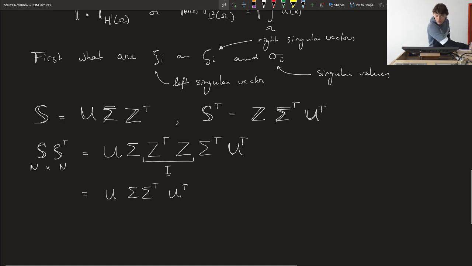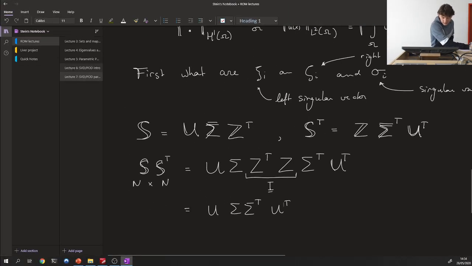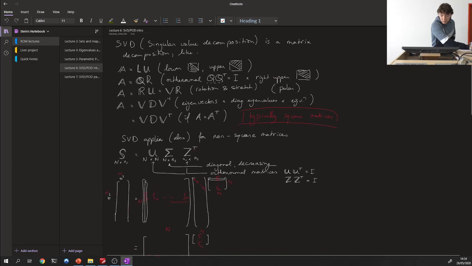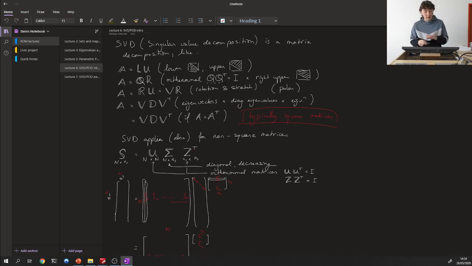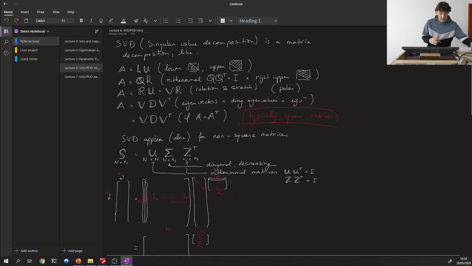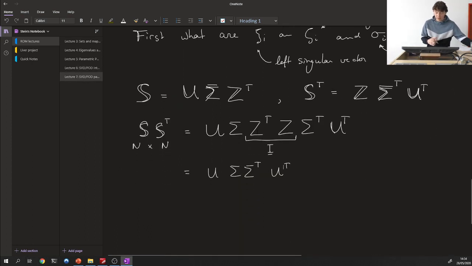Let me see if I can quickly put that up. Because when we talked about different cases of matrix decomposition, we saw, well, the last one is right now the one of importance, that for symmetric matrices, we can decompose using the spectral decomposition as an orthonormal matrix V of eigenvectors, then a diagonal matrix D of eigenvalues, and the orthonormal matrix of eigenvectors transpose. And that is precisely what we're seeing happening right here.